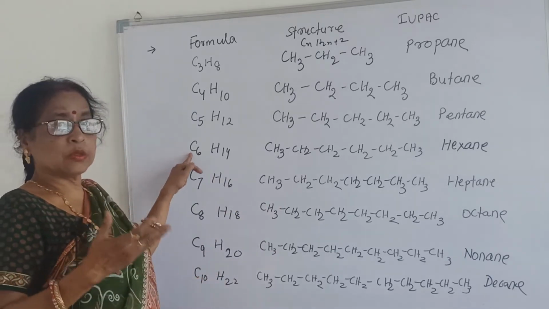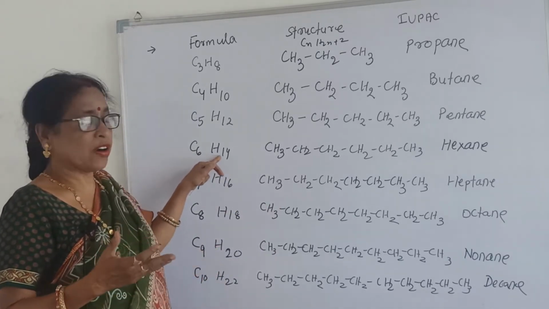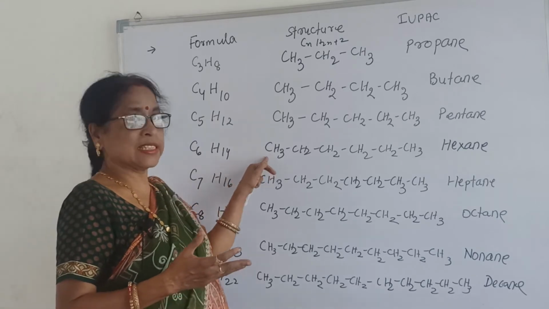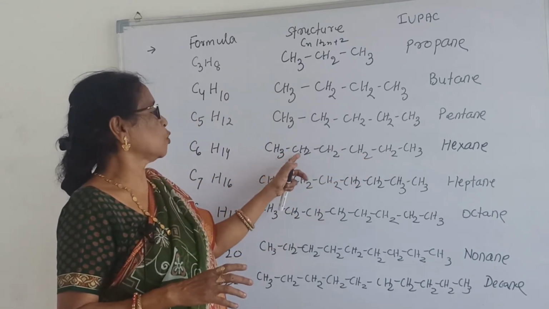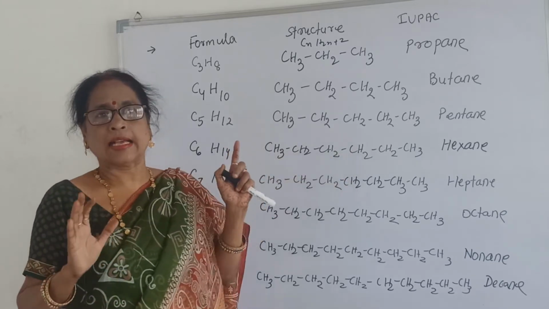If N equal to 6, C6H14, then the first is CH3, the last is CH3, and remaining is 4 times CH2: 1, 2, 3, 4. That is hexane.